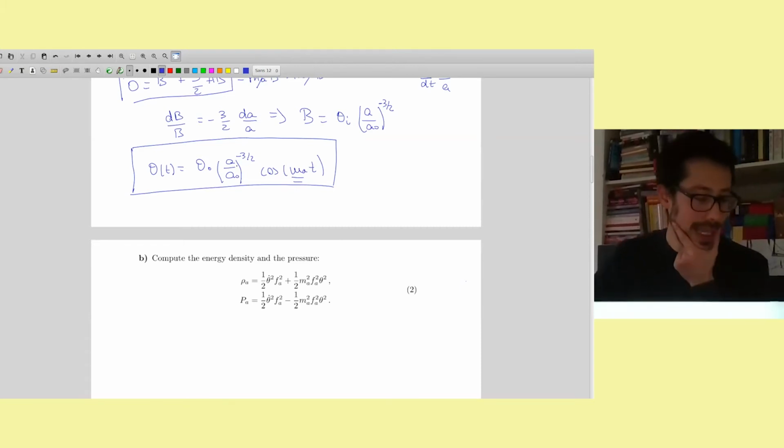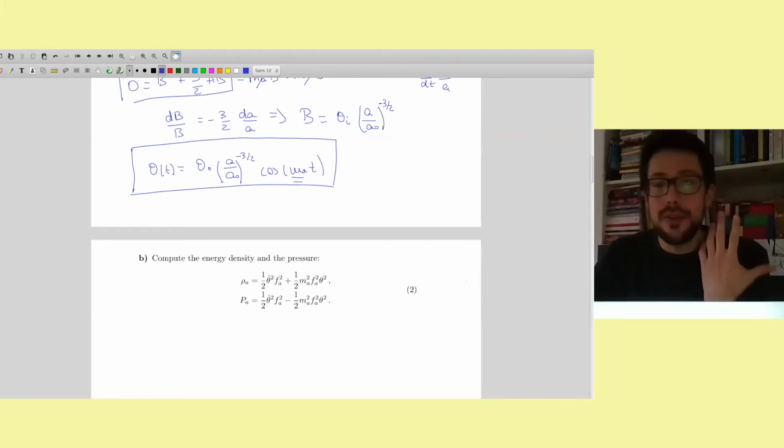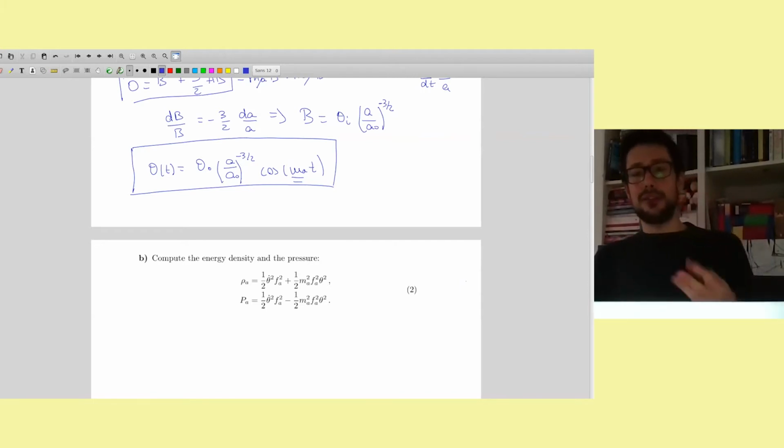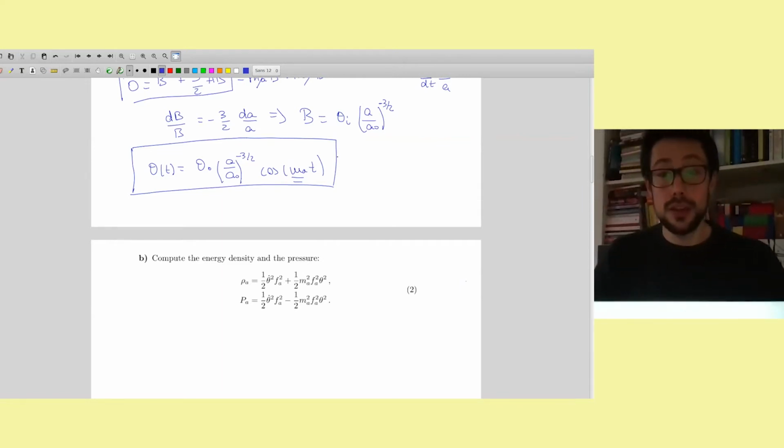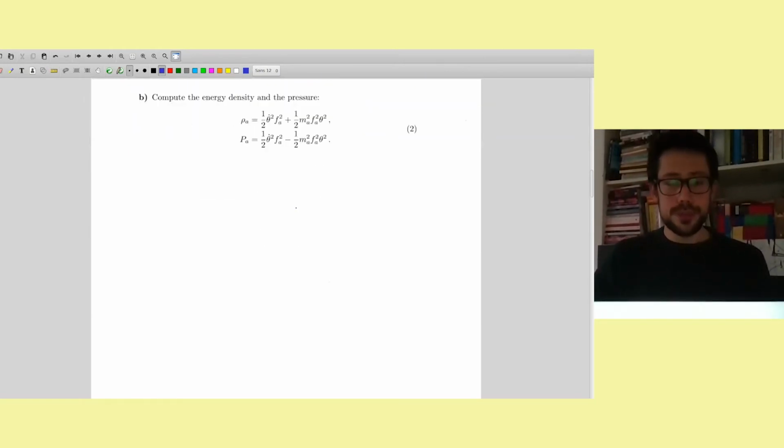Okay, so now we have the solution for the axion field, but in order to get a better flavor of what kind of fluid this axion is, what we need to compute is the energy density and the pressure. And once we know how the energy density redshifts, we will be able to understand why the axion is a good dark matter candidate.